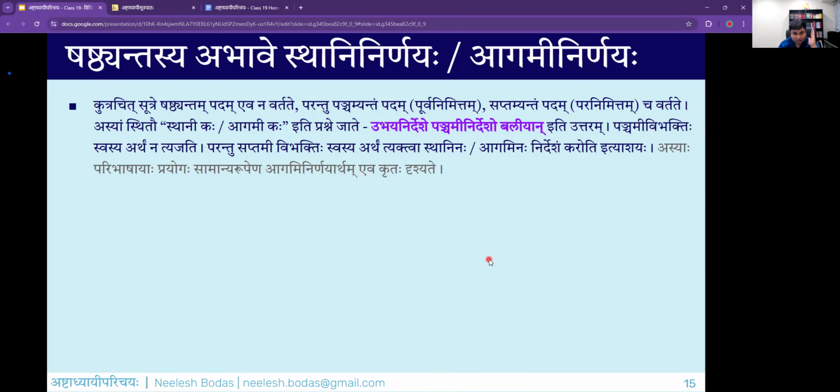So when Purva Nimitta is shown in Panchami and the Paranimitta is shown in Saptami and there is nobody to indicate the Shashti, the fight happens between the Panchami and Saptami and Panchami wins over Saptami. Ubhaya Nirdeshe, Ubhaya ityukte Panchami Saptami Nirdeshe, Panchami Nirdesho Baliyan, powerful. Panchami Nirdesha is powerful, which means the Panchami Vibhakti will retain its meaning of Purvanimittam, and Saptami, instead of indicating Paranimittam, will change and will indicate the Sthani or the Agami.